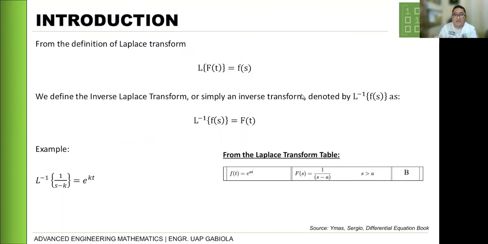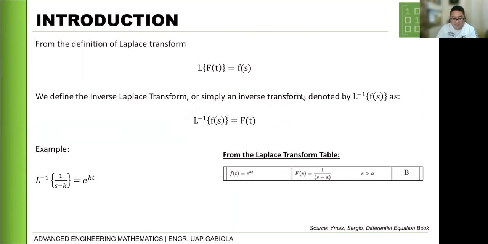In our case here, we return from the f of s function back to the f of t function. So we have L raised to negative 1, f of s, is equal to f of t. Meaning, the inverse Laplace transform of the equation f of s is equal to f of t.